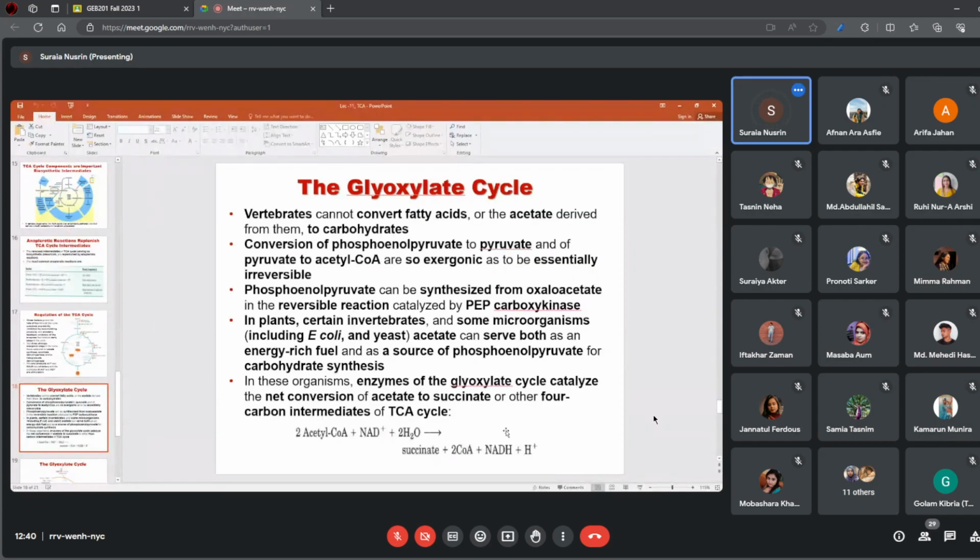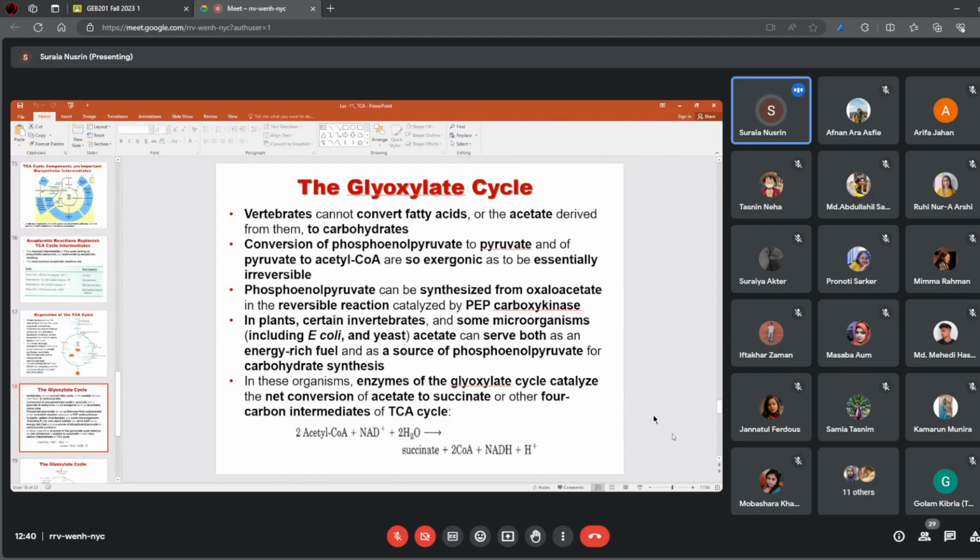Now there is a reaction which we also learned in the TCA cycle, where the cells generate oxaloacetate to replenish oxaloacetate. In this reaction, phosphoenol pyruvate can be synthesized from that oxaloacetate.